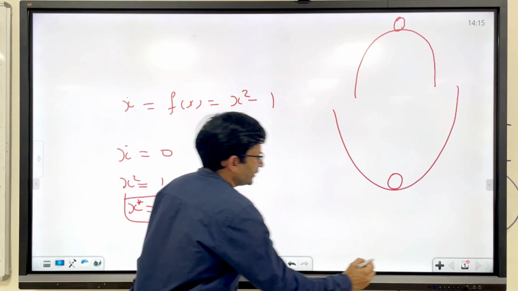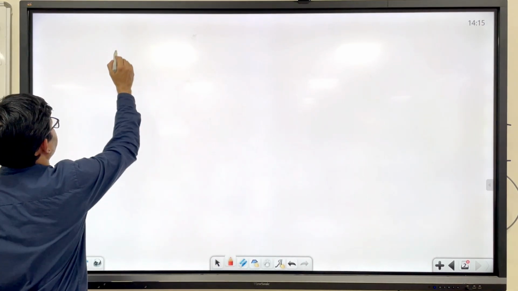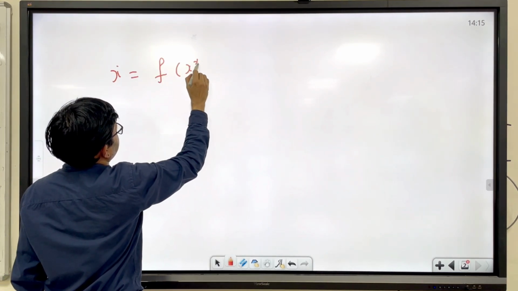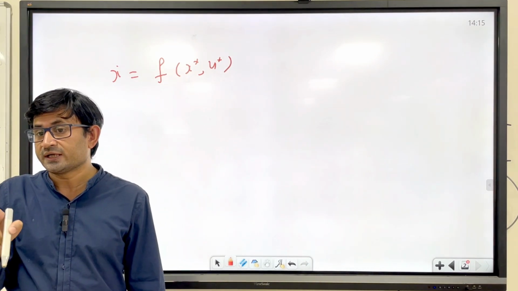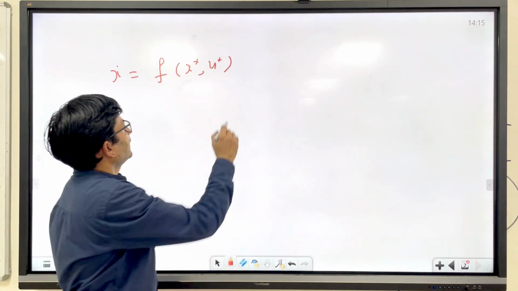So what I said, using Taylor series you can linearize. So the Taylor series can be written as x dot equal to f of x star, u star. This x star and u star are the trim values. x is the states, u is the control input. Okay.